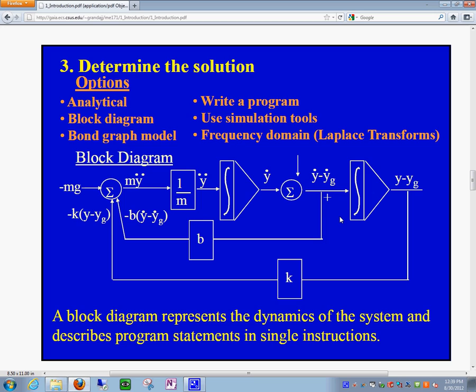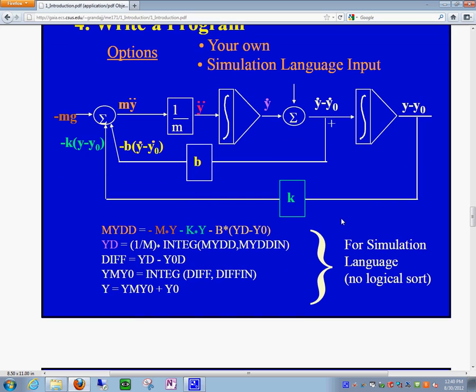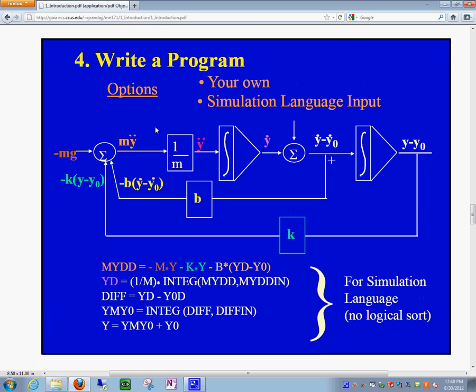When I say look like, I don't necessarily mean graphics. I mean something like this. And here you see, this is the block diagram. And here we have written a little computer program that describes the block diagram. This little computer program goes into a simulation language, and then we can actually get the results.